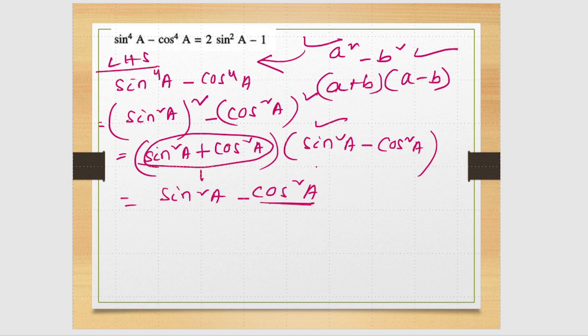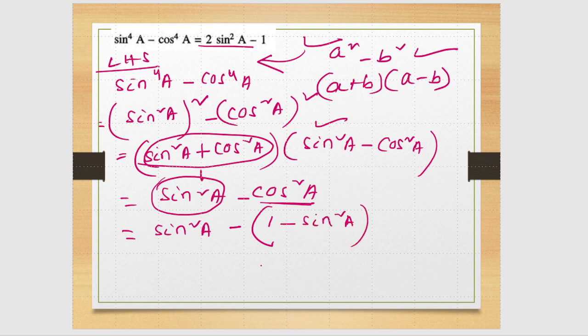So we will convert it in the form of sin square A, because our RHS is only sin square A. So now convert it: sin square A minus bracket 1 minus sin square A. Okay, now open the bracket: sin square A minus 1 plus sin square A. This is also plus, this is also plus.